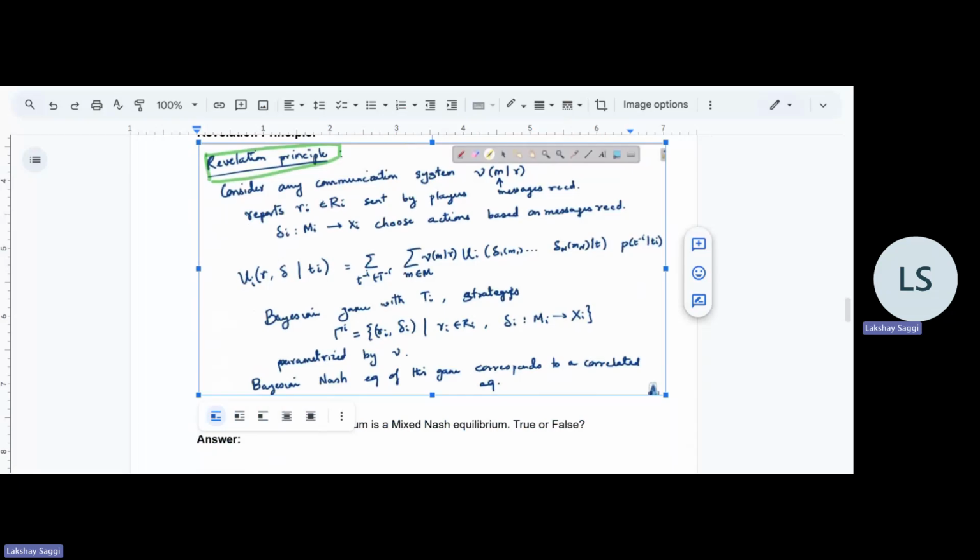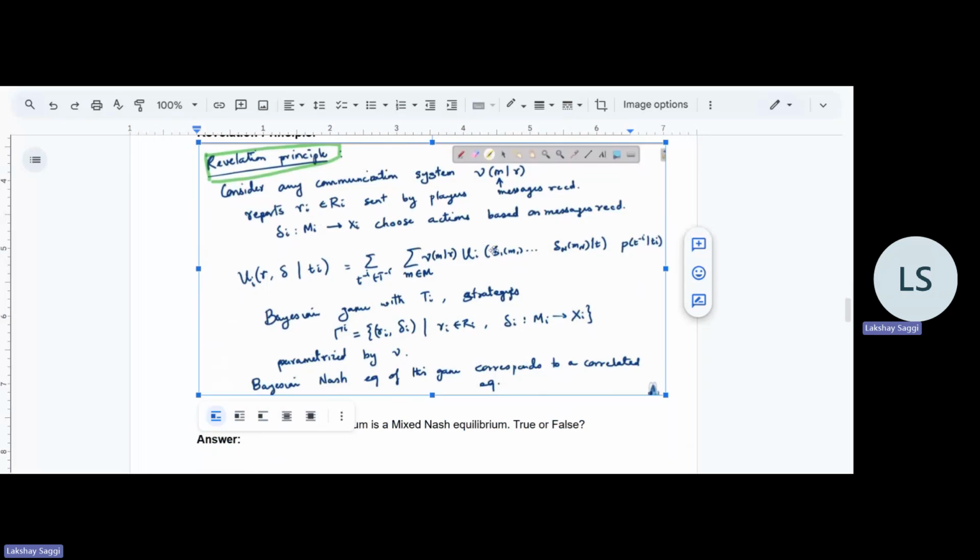This is what the revelation principle says. It simplifies everything going on in an arbitrary communication system. Any players can communicate with anyone, but it simplifies to every player talking to a mediator, and you find the equilibrium of this game.